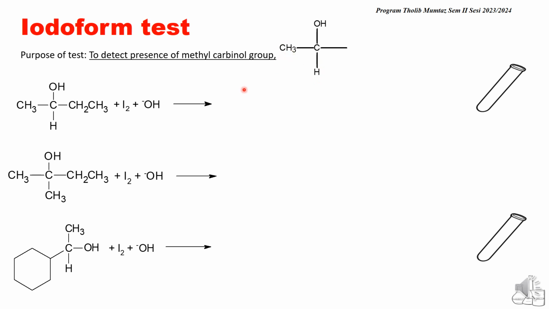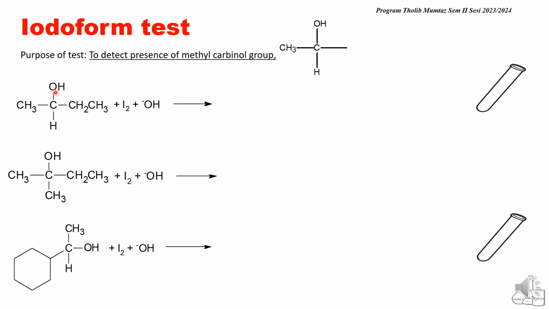So let's look at the first structure. Iodoform test is I2 in the presence of OH minus. This first structure has CH3 and H attached to the alpha carbon with OH. So yes, this is called methyl carbinol group.